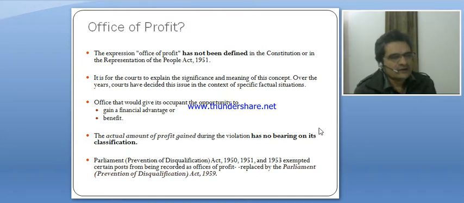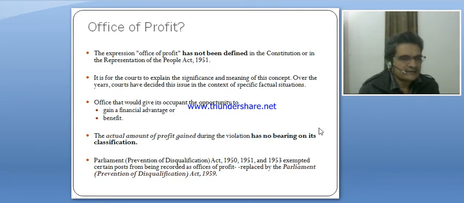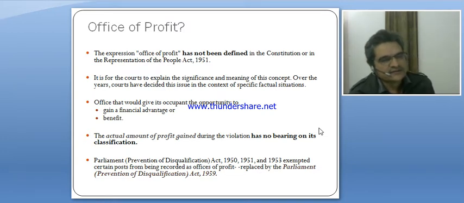There is a lot of debate on whether such inclusion should be allowed, but that is the domain of Parliament. Parliament can make legislation, identify certain offices under it, and amend that act from time to time by adding more offices to it.